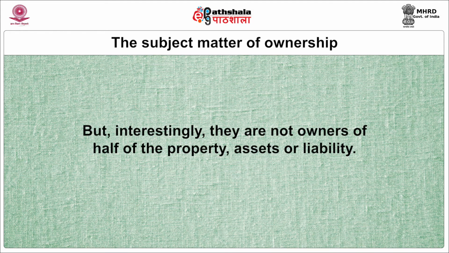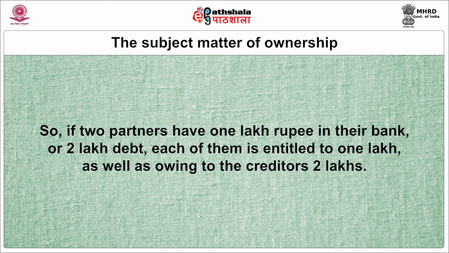But interestingly, they are not owners of half of the property, assets, or liability. So if two partners have 1 lakh rupees in their bank or 2 lakh debt, each of them is entitled to 1 lakh as well as owing to the creditors 2 lakhs. But if they decide to have separate ownership, it becomes a partition and the ownership becomes sole ownership.